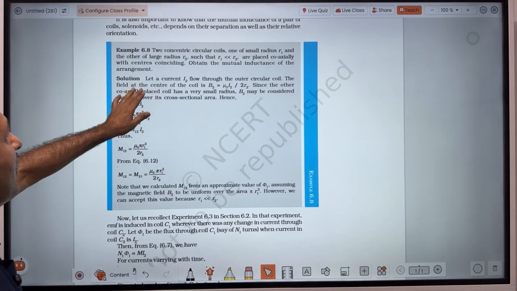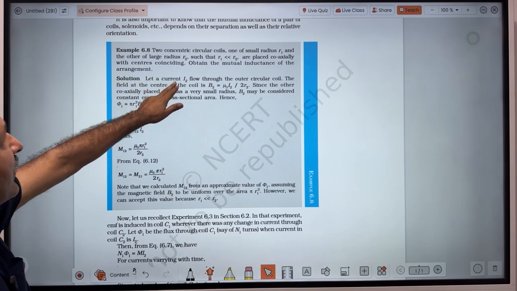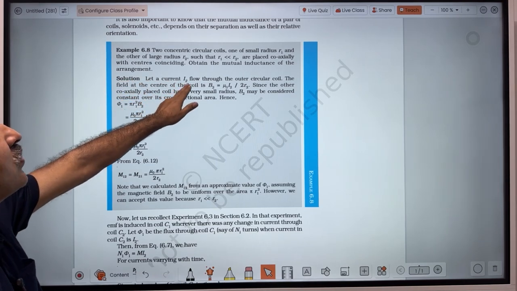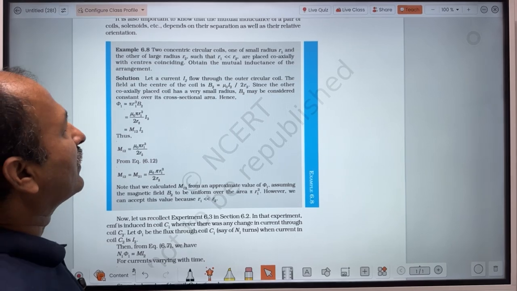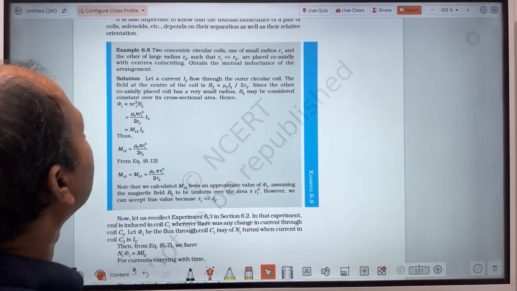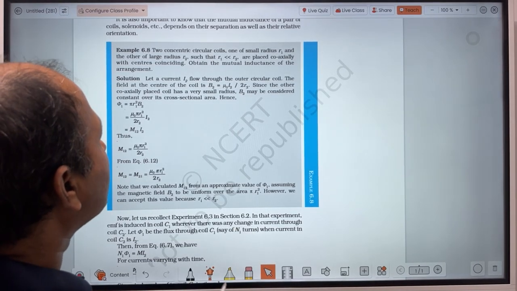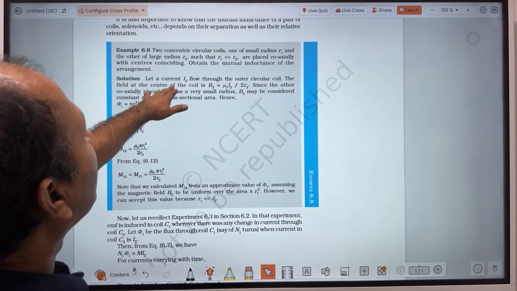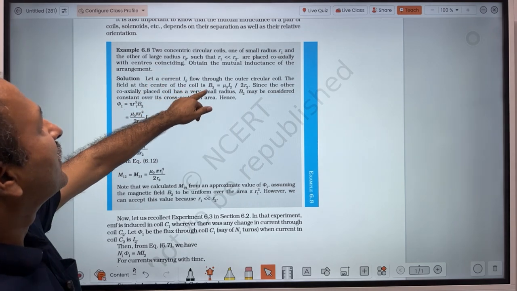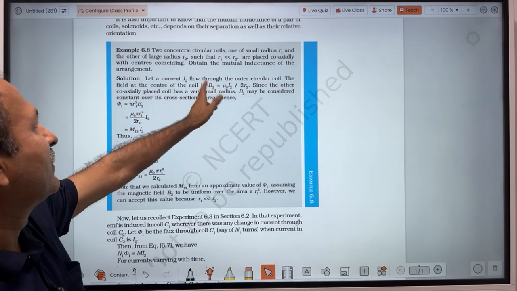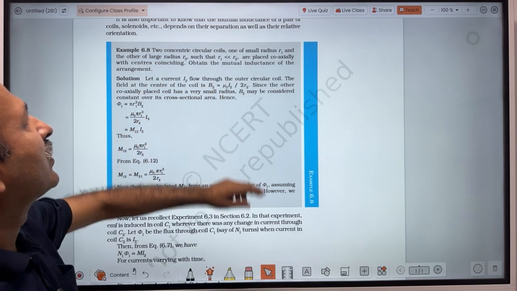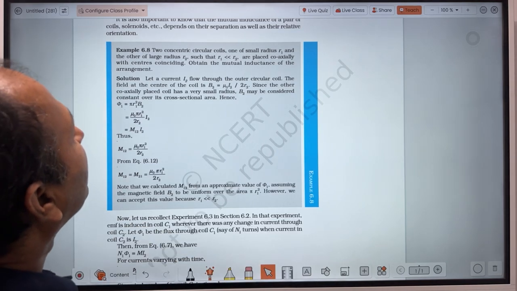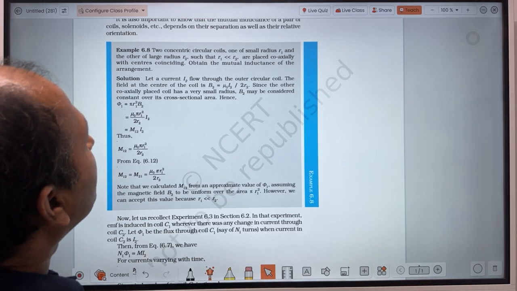So as I told you earlier, we assume that current I2 flows through the outer circular coil. So this will give rise to the magnetic field at the center. Since current is flowing through the secondary, we write the magnetic field in terms of the secondary. So we write B2 equal to mu naught I2 divided by 2R.